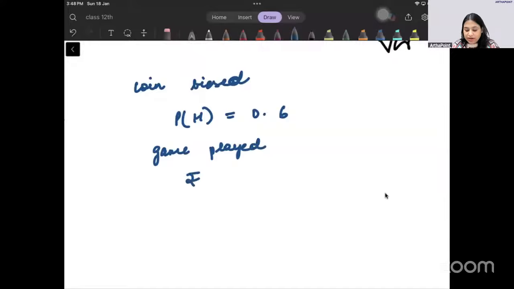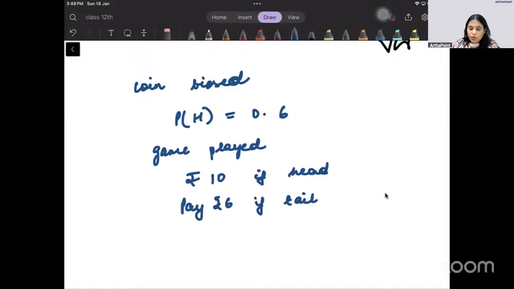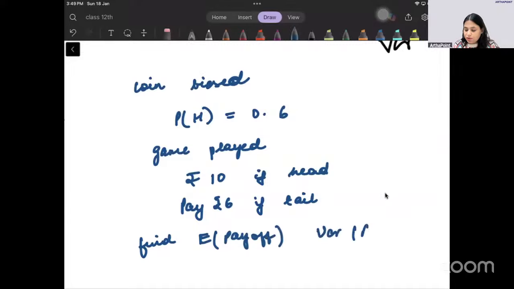In which you get 10 rupees if head comes, and you pay 6 rupees if tail comes, right? You have to find expected payoff, right? And you have to find variance of the payoff. Give it a try.